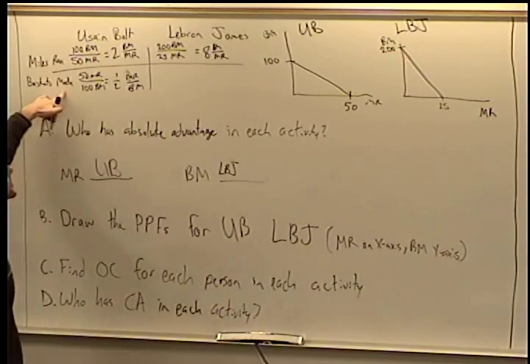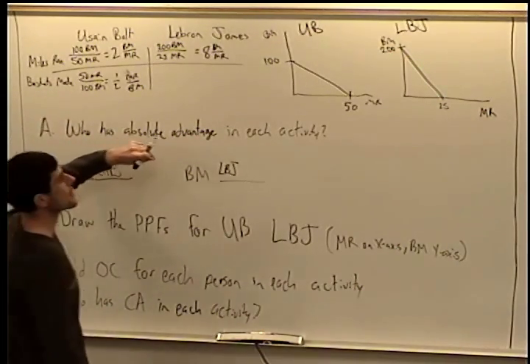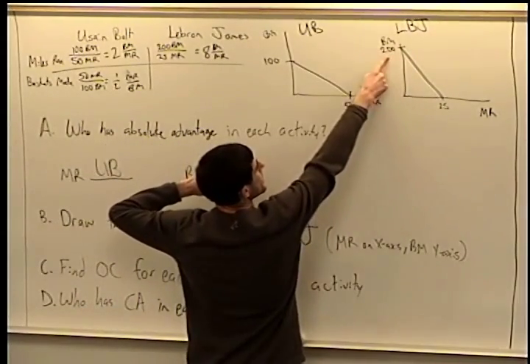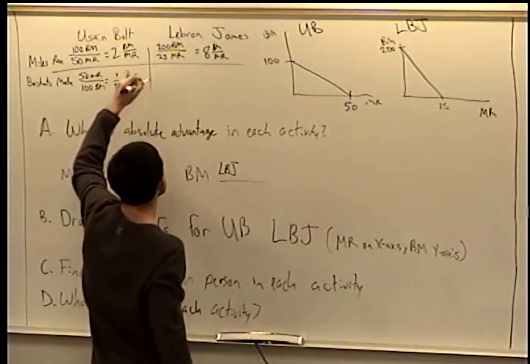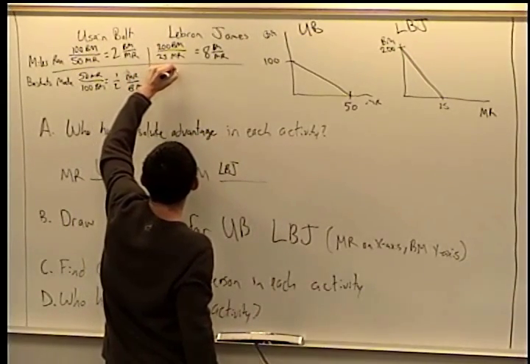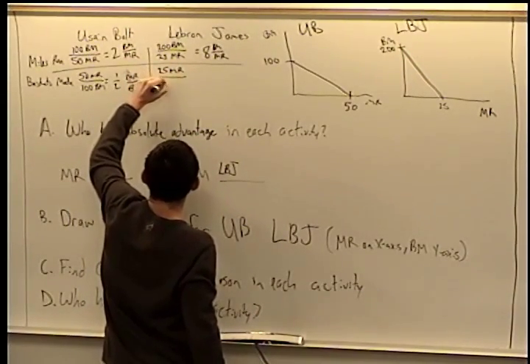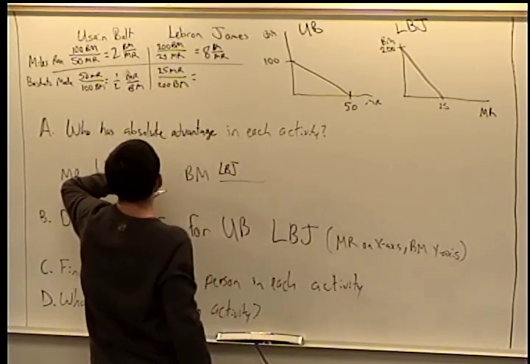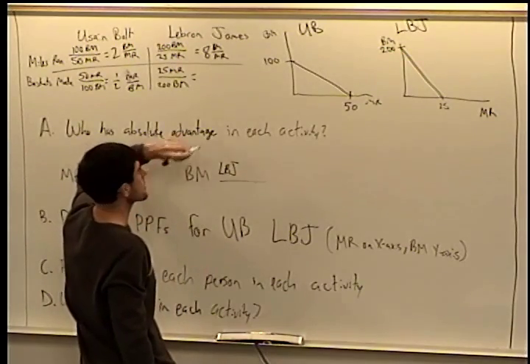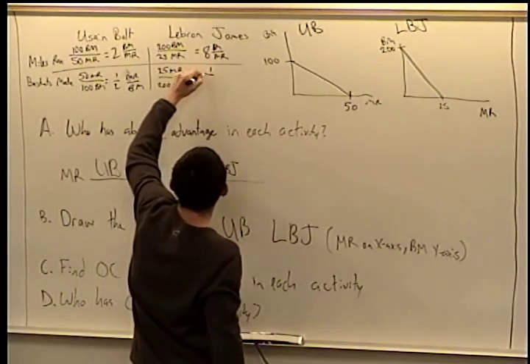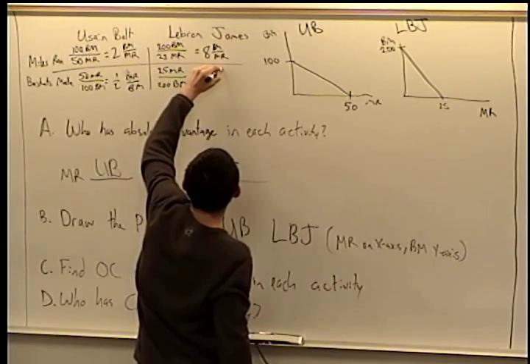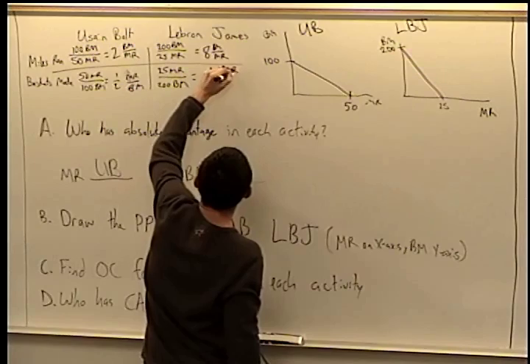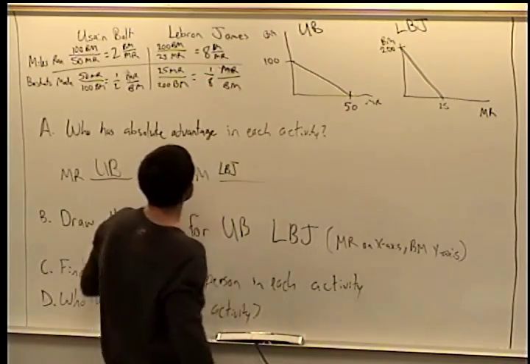And then lastly, we can take the inverse, or we can think of LeBron James has to forfeit 25 miles ran to gain 200 baskets made. Or the opportunity cost for LeBron James to shoot baskets is 1/8 mile ran per basket made.